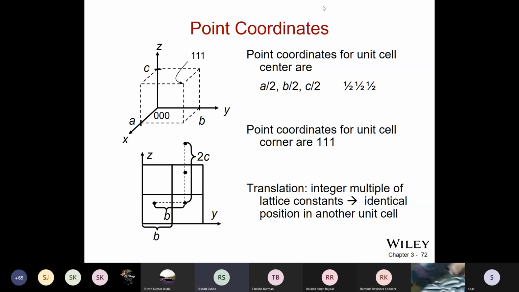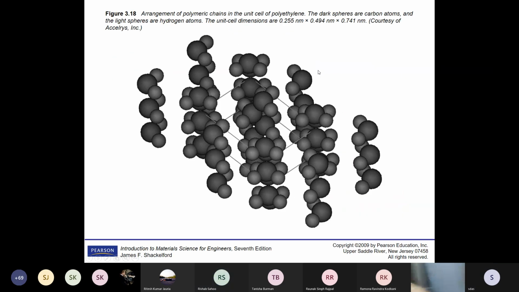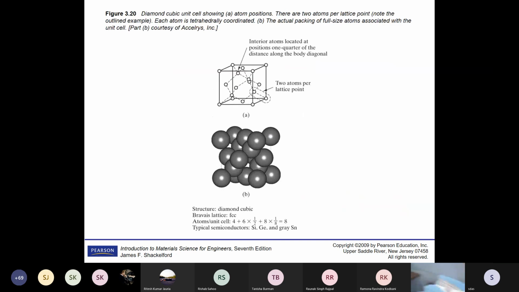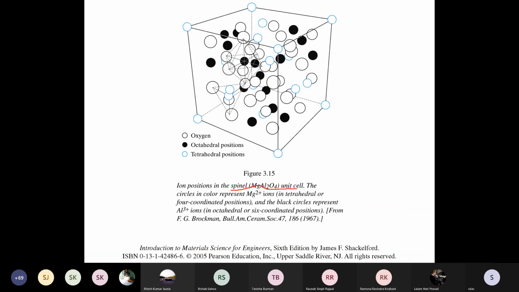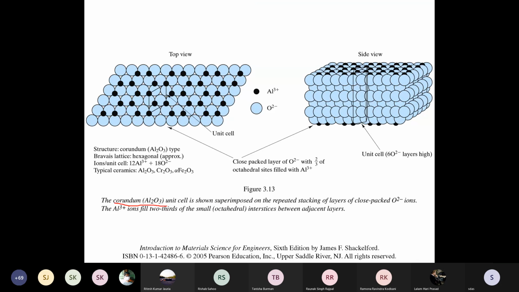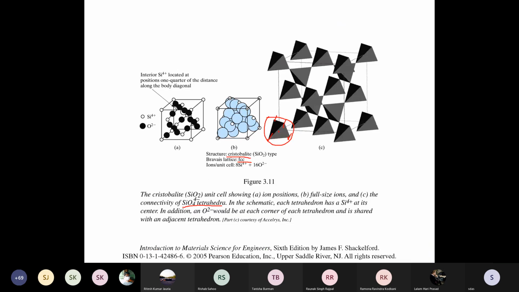Can you explain the structure of cristobalite again? This is a face-centered cubic Bravais lattice.